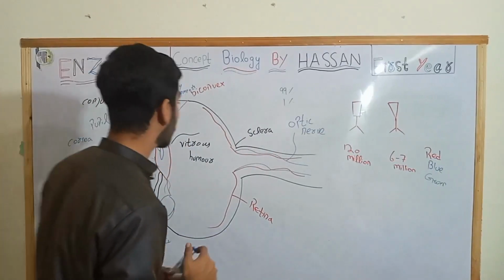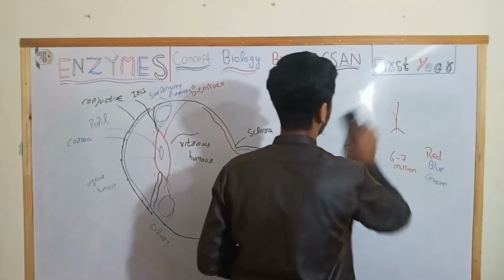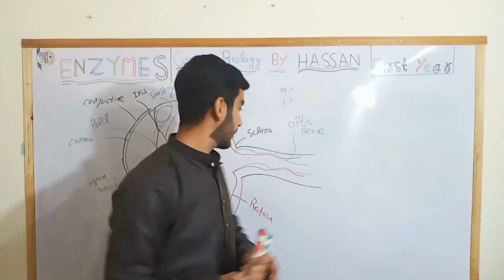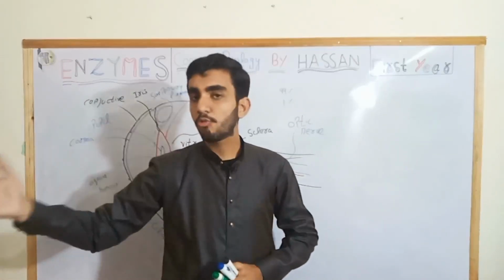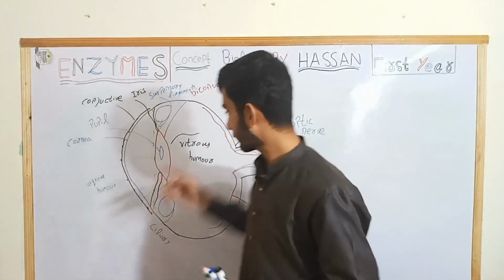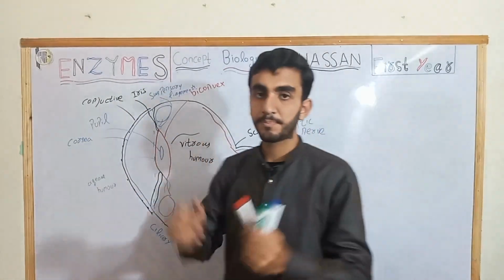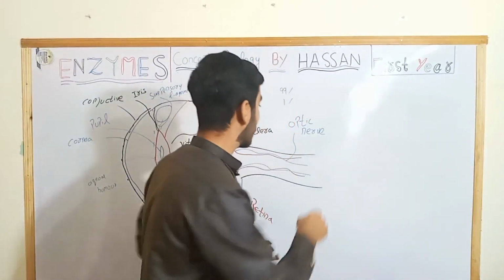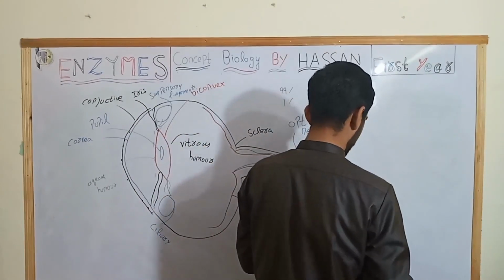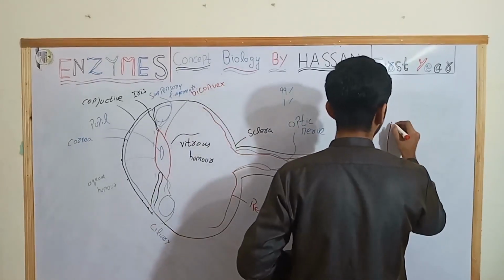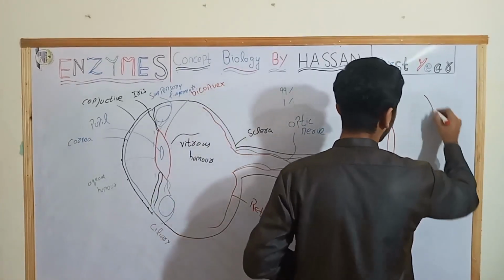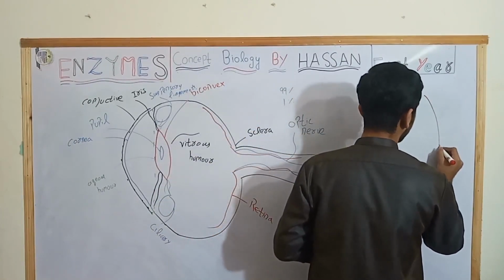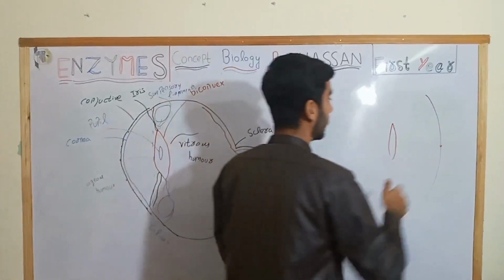Another important thing that I want to tell you: if the object is far away from our eye, then the lens invests a small amount of energy. Let me explain. This is our lens, and this is our retina point, the region where the image formation occurs.